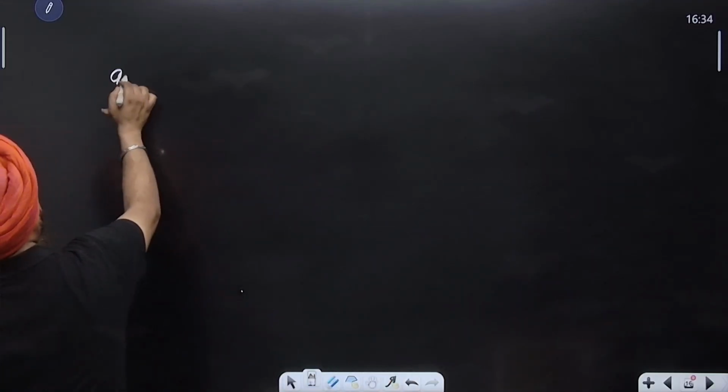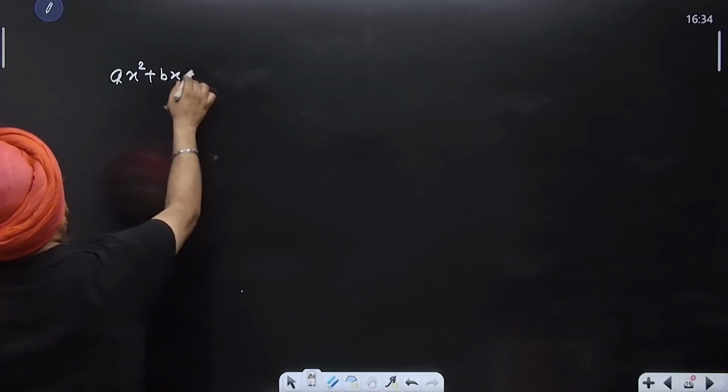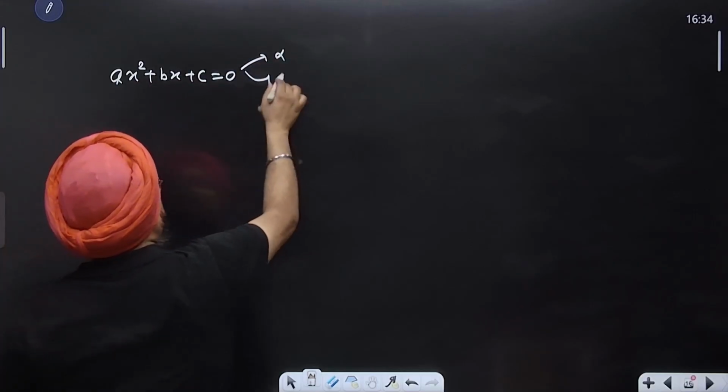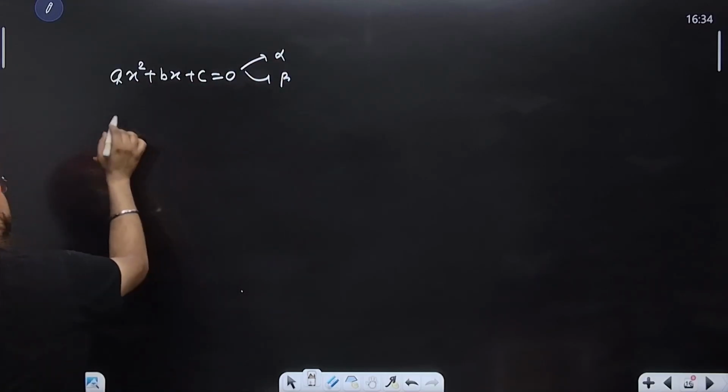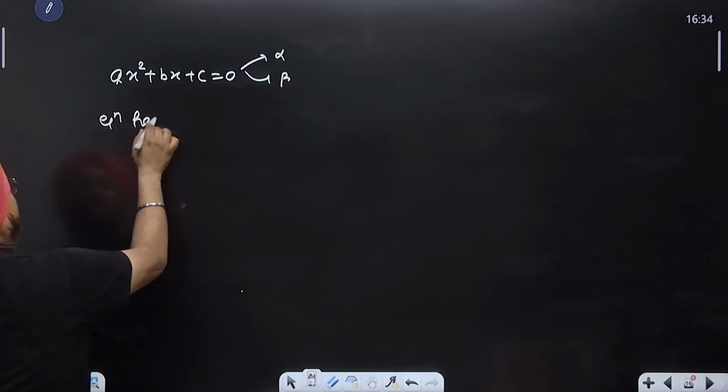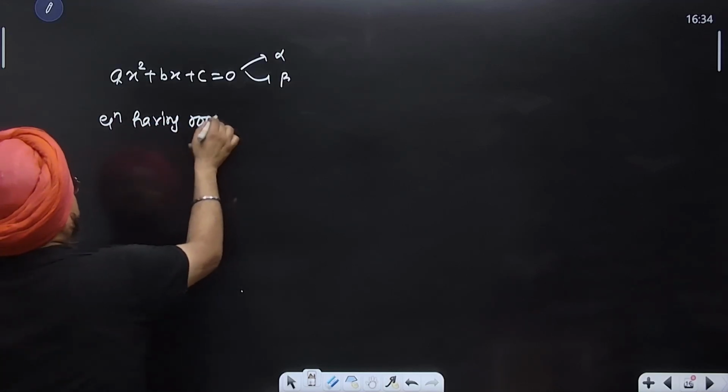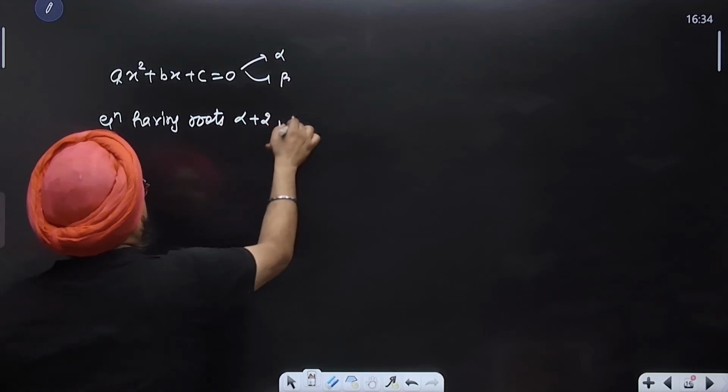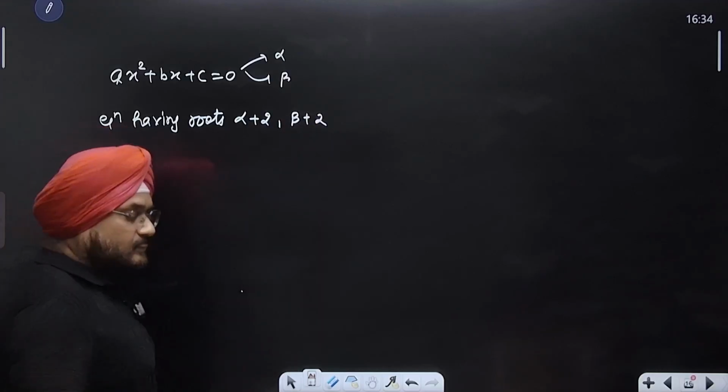So the question is, this equation has roots alpha, beta, and we have to find the equation having roots alpha plus 2 and beta plus 2.